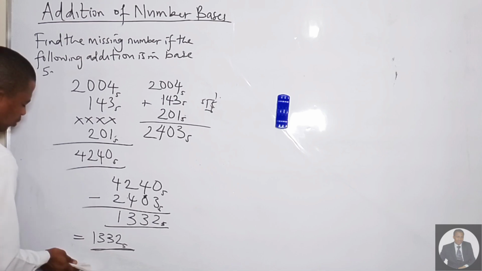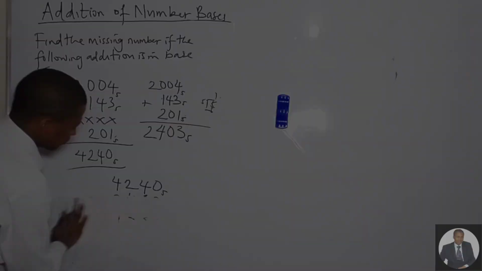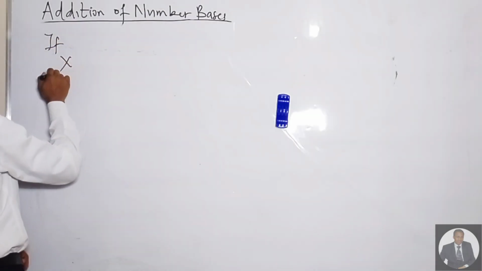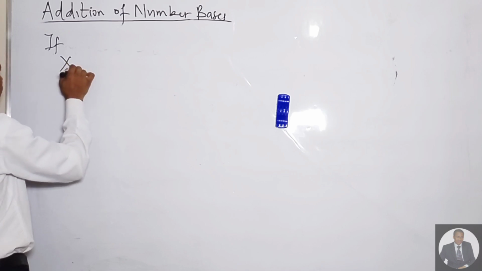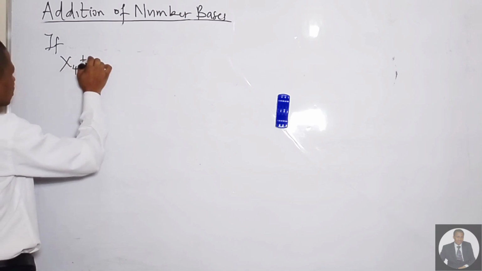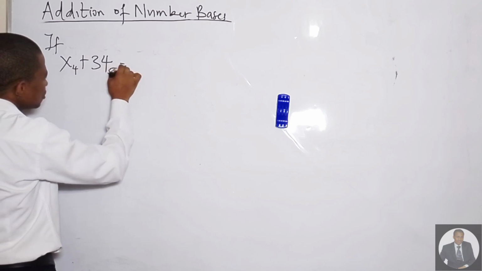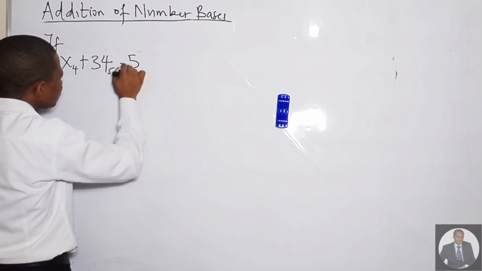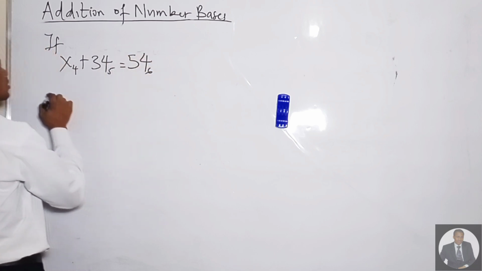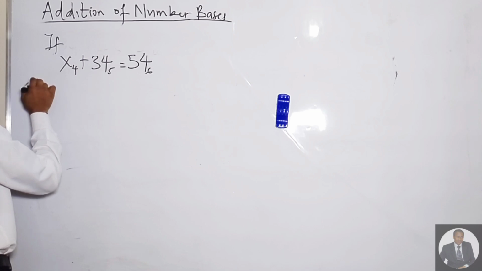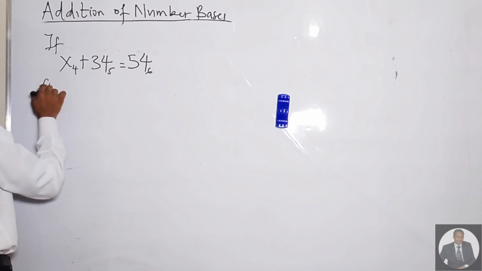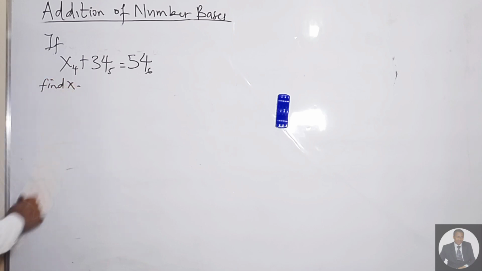1332 base 5. If x base 4 plus 34 base 5 equals 54 base 6, find x. How do we do this?